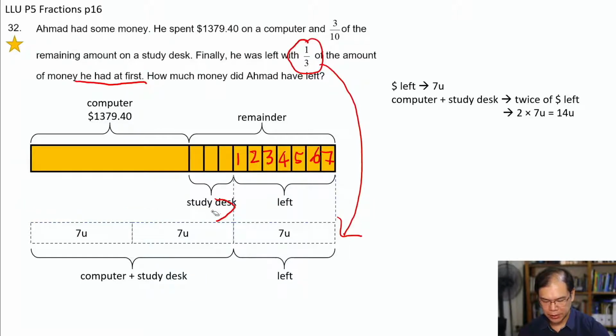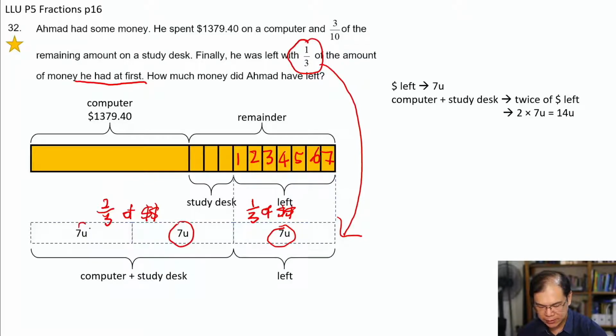So I say again, if this is 1/3 of all the money that he has, here the computer and study desk must make up 2/3 of the money. And if 1/3 of the money is 7 units, here will be another 7 and 7 here. So total of 14 units. But we know that the study desk is 3 units of money.